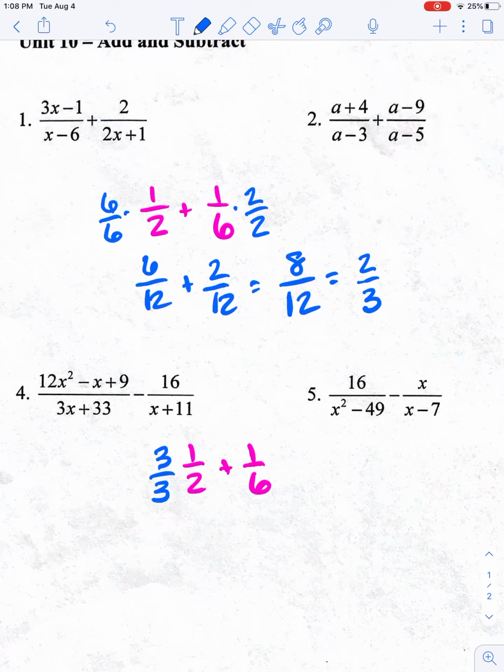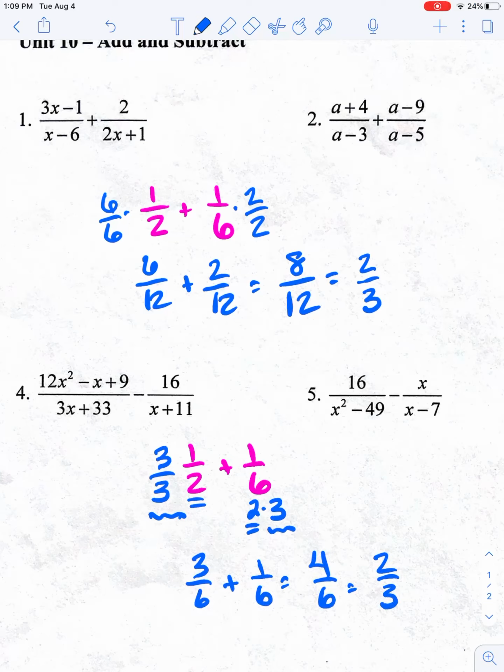And the way that I want you to think about it, and I know this is very basic, but it's going to help you with these ugly ones, is that this is 2 times 3. So they already share the 2, and he has a 3 that he doesn't. So that's why we have to give him the 3. So then that makes that 3/6 plus 1/6, which is 4/6, which reduces to 2/3.